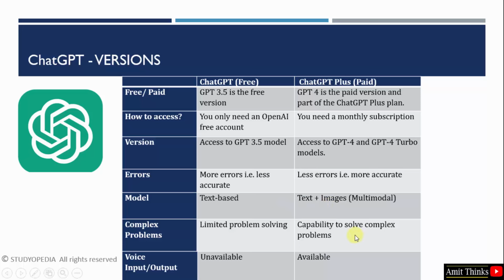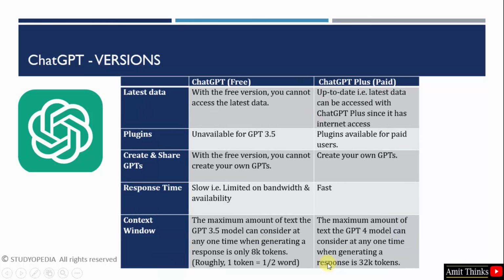The Plus version can easily solve complex problems. Voice input and output is unavailable for the free version, whereas it is available for the paid ChatGPT version. The free version won't support the latest, current data, but the Plus version will support it. It has internet access.